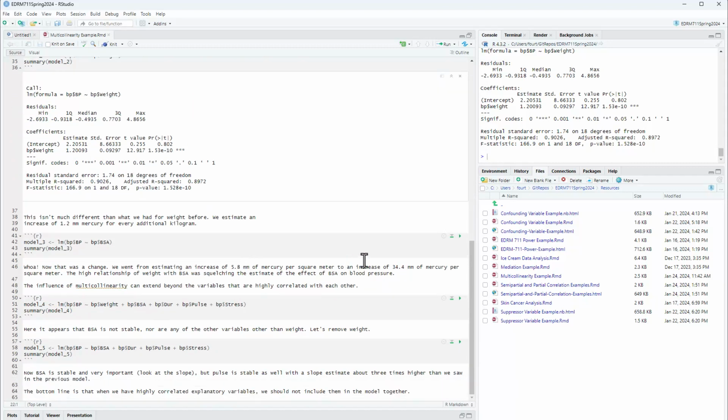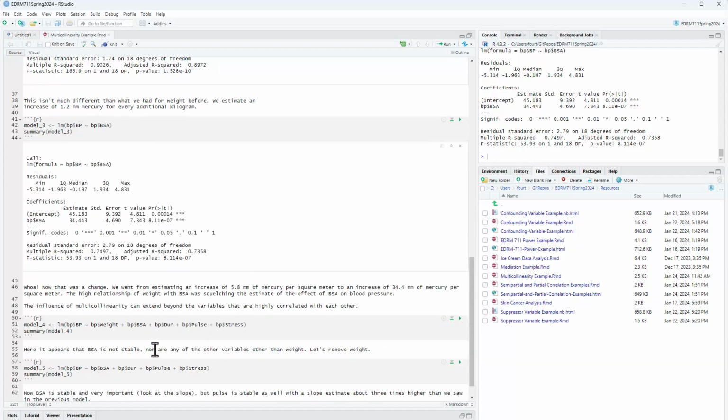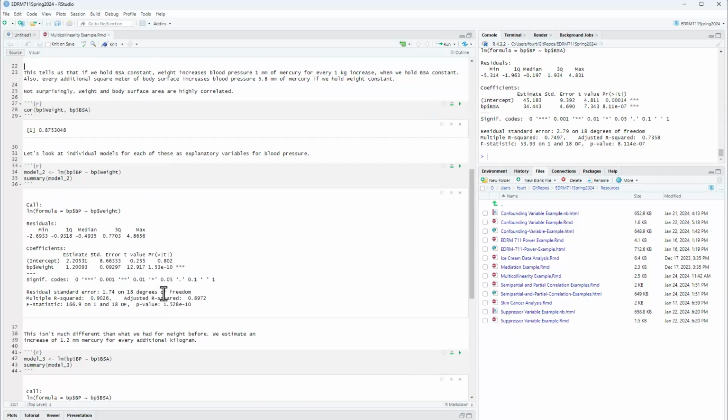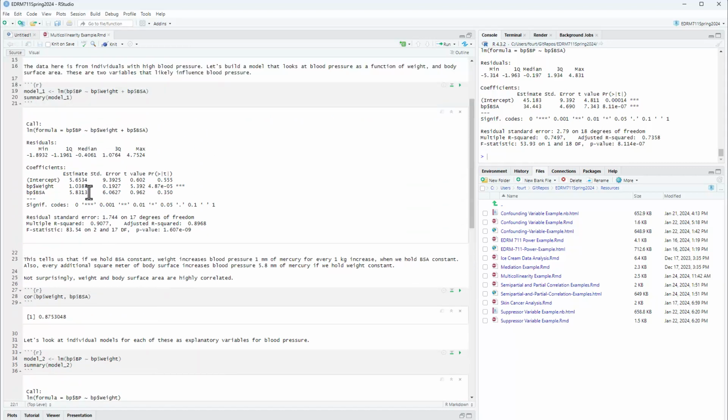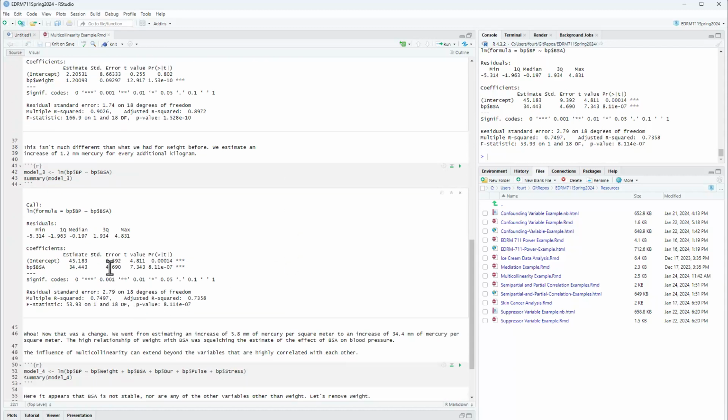What about if we do body surface area? Whoa, that changed things substantially. Remember, up here it was 5.8 when we put it in with weight. But notice when we have it all by itself, it's 34.4.